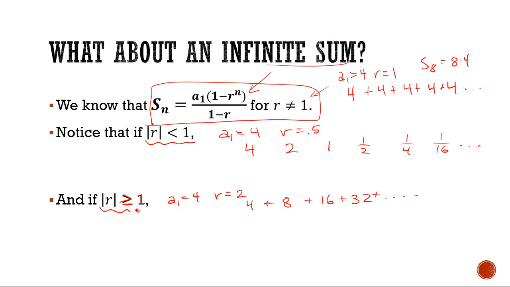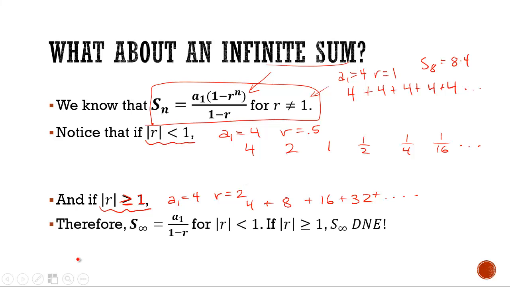So we have a problem when the rate is greater than or equal to 1, but for an infinite amount of terms, we can find the answer as long as our rate is smaller than 1, meaning it's shrinking. And it should become obvious that if it's shrinking, then you can find the answer.